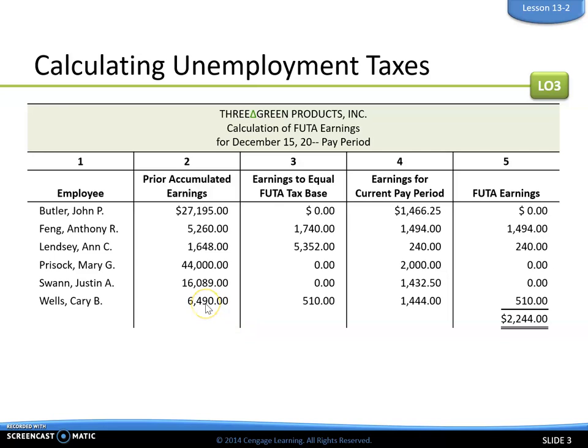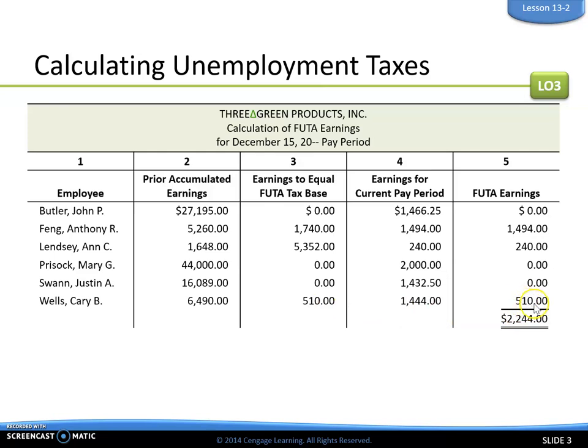And then the last one, Carrie. So I'm going to just summarize what we're going to do for each column. Here's her prior accumulated. To get this number, we're going to take 7,000 minus prior accumulated to get 510. This is going to be her current pay period earnings. And then what I find is almost easiest for this column 5 is we're going to look at these two columns and figure out which one is the smaller number. So 510 is our smaller number here.